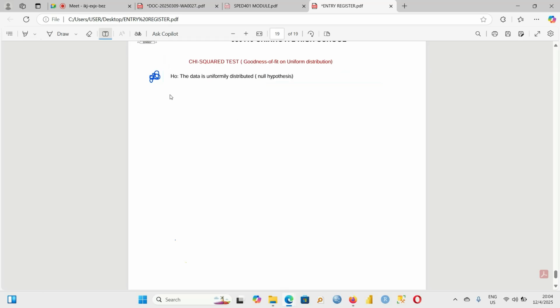Then we need to state the alternative hypothesis, which is represented by H1. H1 is the opposite of H naught.